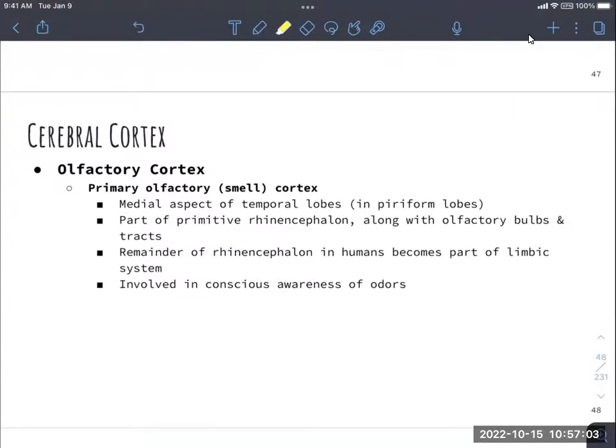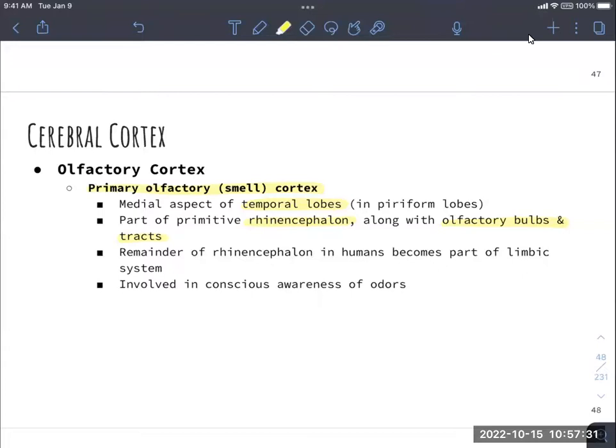Olfactory, smell. So our primary olfactory cortex, it's kind of in that temporal lobe. It's part of that rhinencephalon. Along with we have olfactory bulbs and tracts, because we need to be able to determine what we smell.